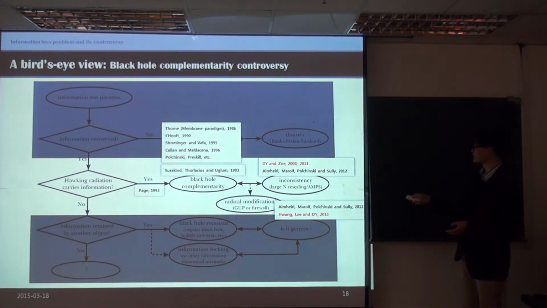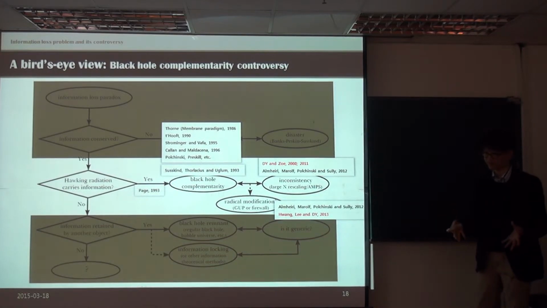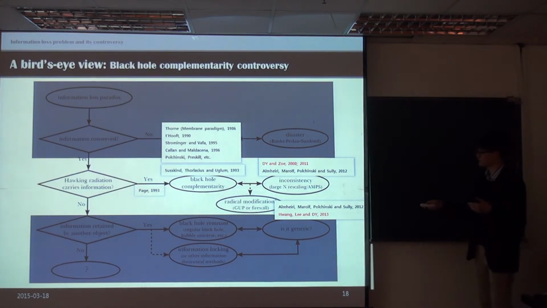And here is my paper. A few years ago, my colleagues and I argued that, in fact, black hole complementarity seems not consistent because of some thought experiment. Our papers were not cited very much, but two years ago a famous paper appeared, by Almheiri, Marolf, Polchinski, and Sully.